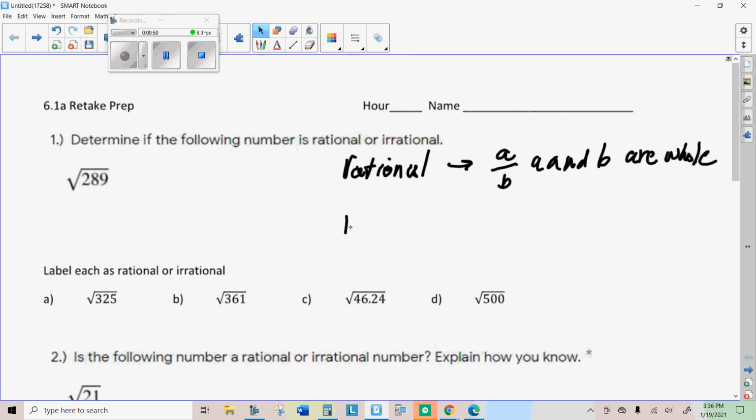Okay, irrationals cannot be written as a fraction. And in fact, we're gonna look at their decimals to help us determine for sure.